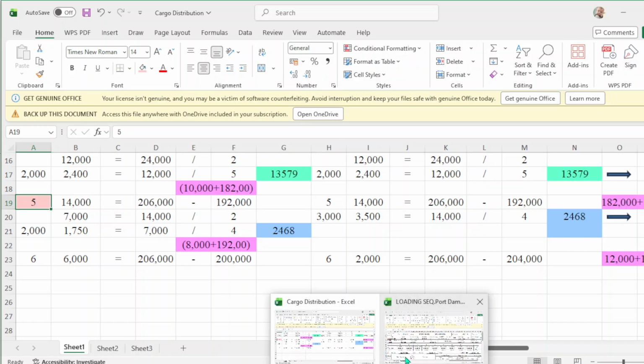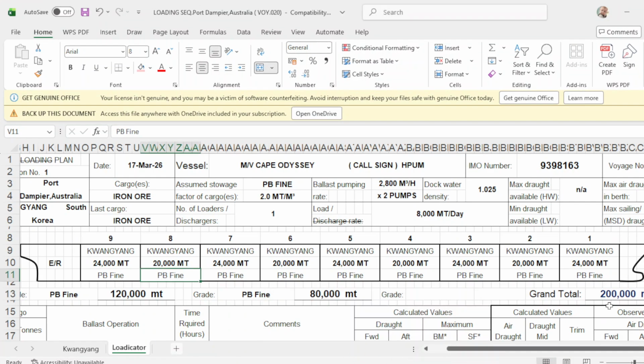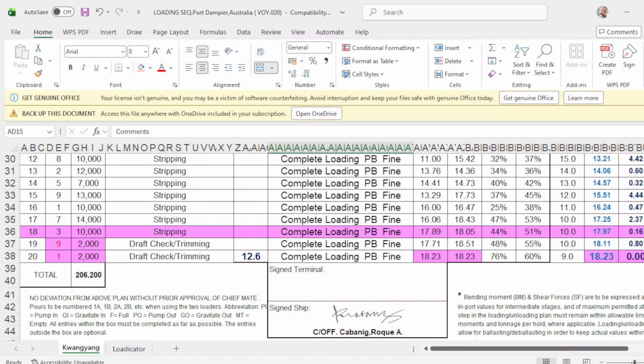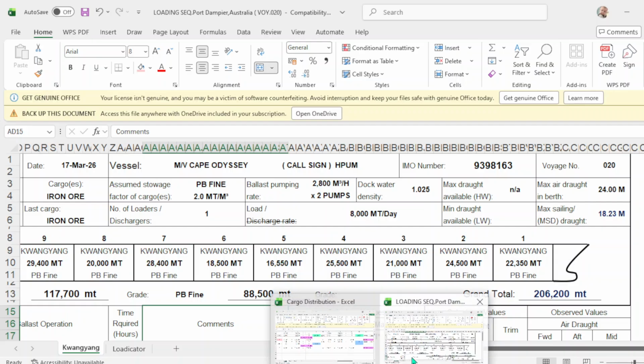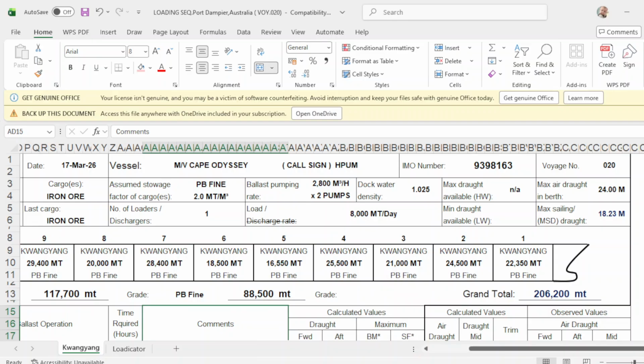So what you have to do, you need 6,000 to distribute your cargo.